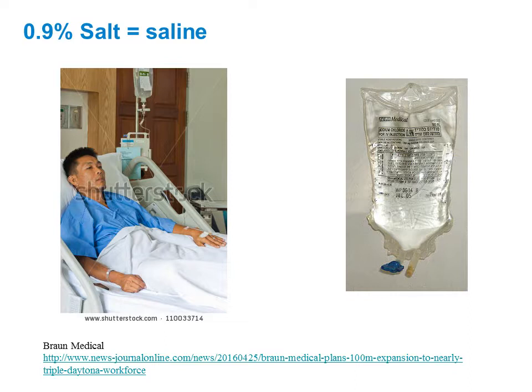If you're going to take a drug, you don't want the solution the drug is in to affect your cells. You want the actual drug to affect your cells. So this is why they use the saline drip. So again, the outside environment is 0.9%, the same as the inside environment of the red blood cell.